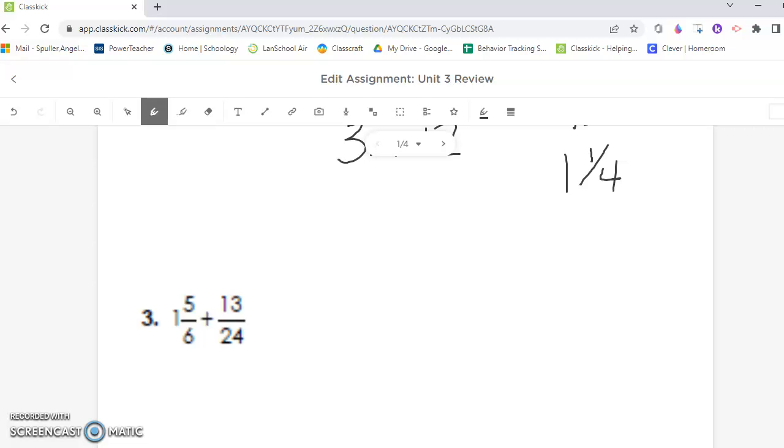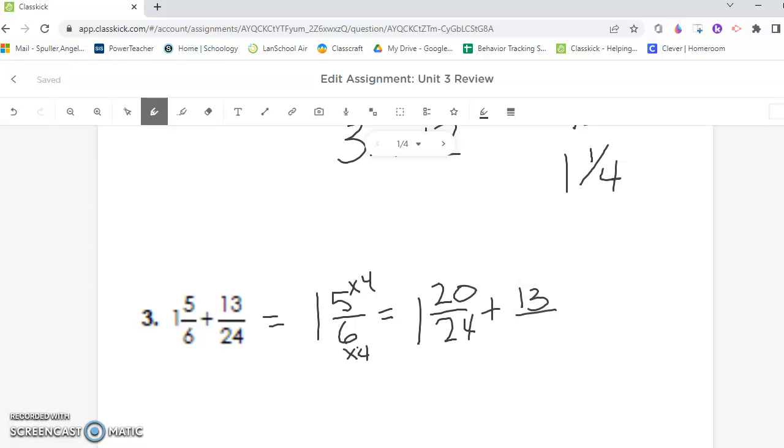correct. Alright, so you should have changed 1 and 5/6, and you should have said, I'm going to make this 1, and I'm going to change it into 24 by saying 6 times 4, which means it's going to be 5 times 4. And you're going to get 1 and 20/24 plus 13/24, which is going to give you 1 and 33/24.